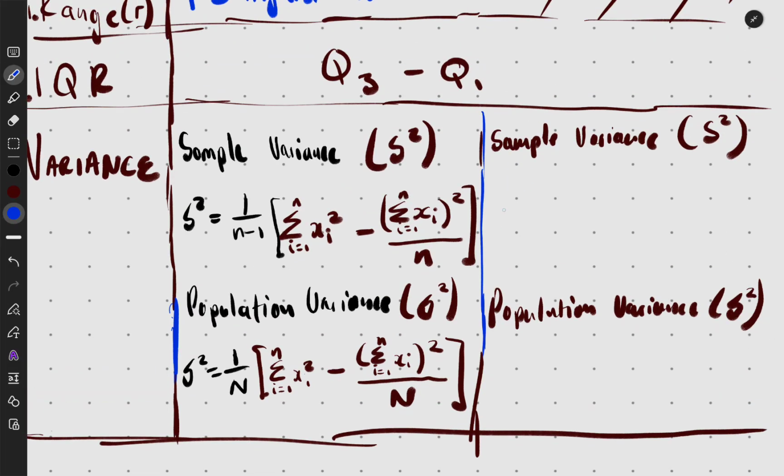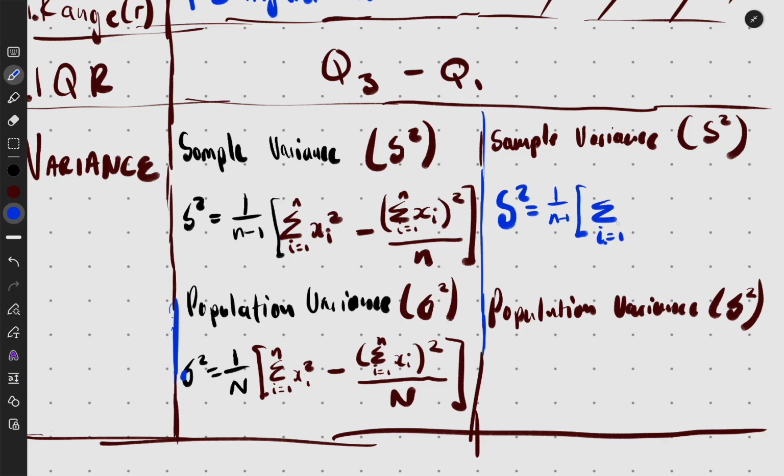Here we'll be saying S squared is still 1 over n minus 1. But now, instead of an x, when we're dealing with grouped data, we put w and f. Where it was x squared, it will be w squared times f. F does not get squared because it's just the frequency.